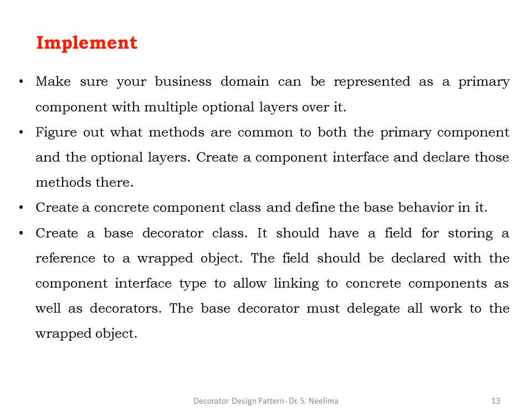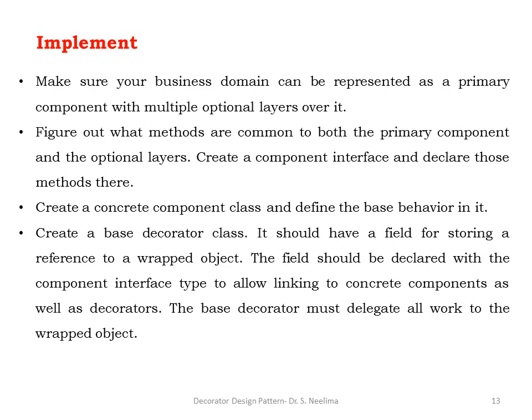Coming to the implementation, here we have several steps. The first step is to make sure that your business domain can be represented as a primary component with multiple optional layers. Next, we figure out what the methods are which are common to both the primary component and the optional layers. Here we create a component interface with the different methods.